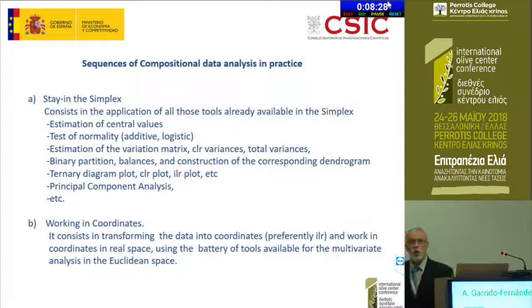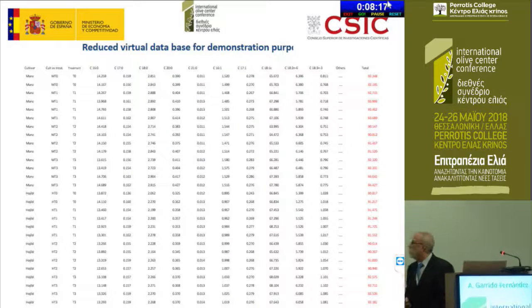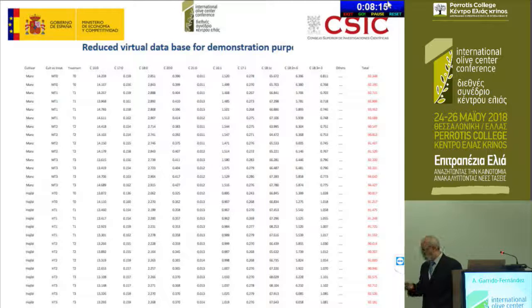Well, let's go now to apply it very quickly to one example. This is one example taken from one of our experiments. We use here two cultivars, manzanilla and hojiblanca. We gave them a normal Spanish style processing.